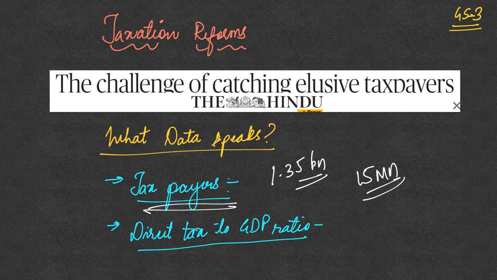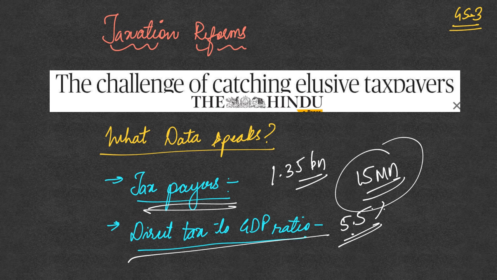This is a very small number compared to the overall population of the country. And if we also look at the direct tax to GDP ratio, this has been stagnating in India at about 5.5%. This again shows that in our overall GDP, the contribution of direct tax has been very, very less. This is because very few people, of course, are paying the taxes.